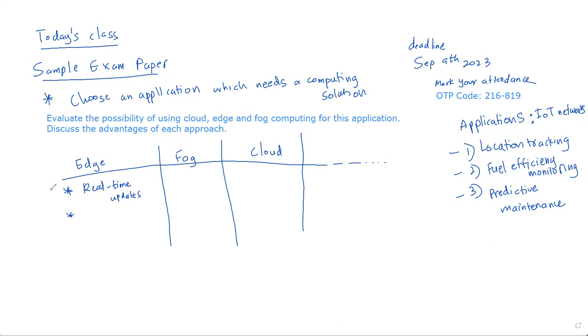So real-time updates are the advantage, but mainly it is due to having low latency in the communication. So you can write it using maybe just one fact: real-time updates because of having low latency in the communications.